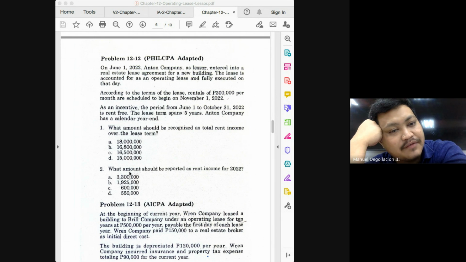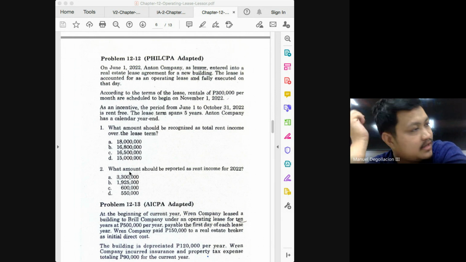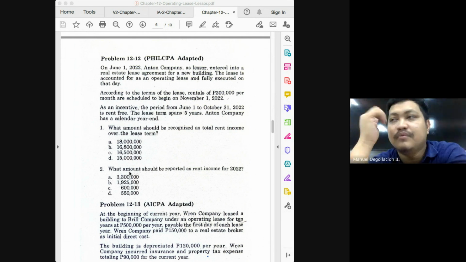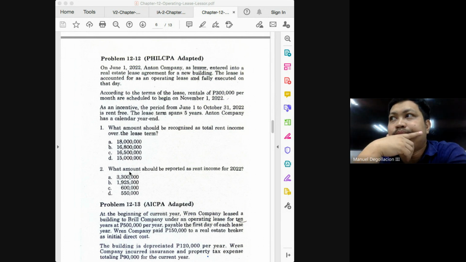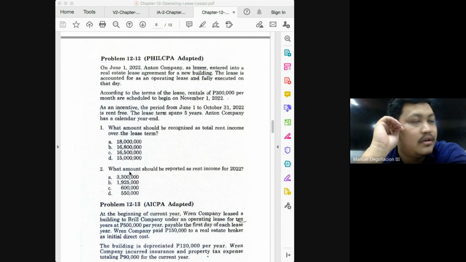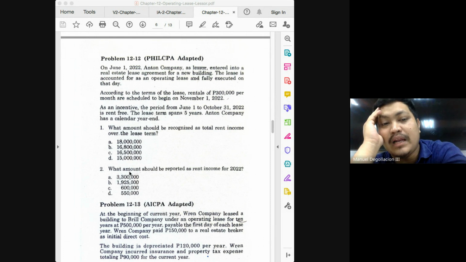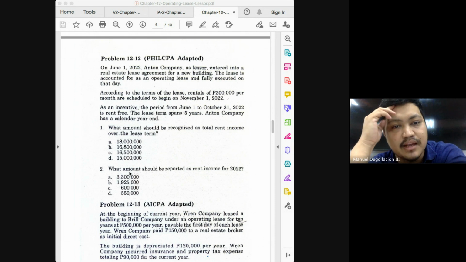So 16,500,000 divided by 60, how much is that? 275,000. So even if you will not receive any rent in the first 5 months, there will still be rental income on those months. Okay, so every month you should report rental income of 275,000.